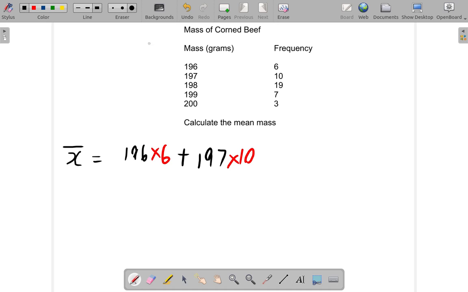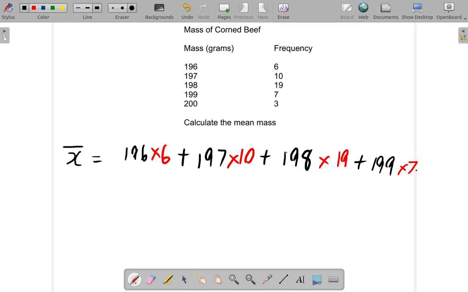Plus 198 grams, and there are 19 of them, so you multiply by 19. Plus 199 grams, and there are 7 of them, so you multiply by 7.